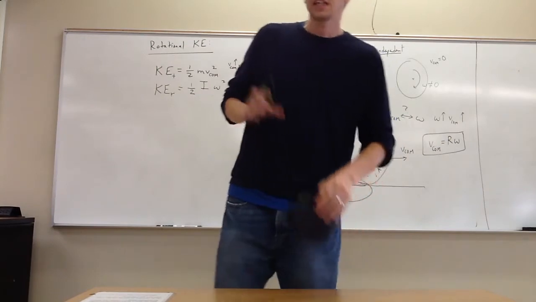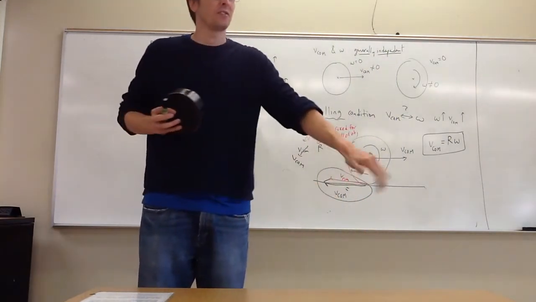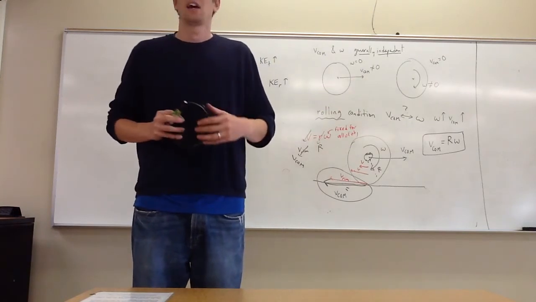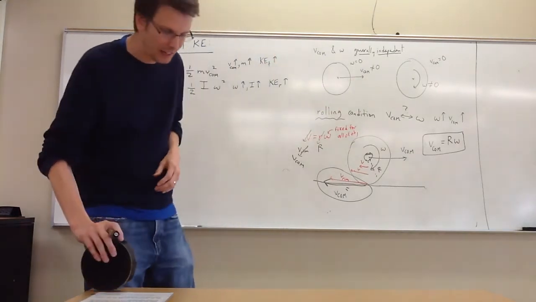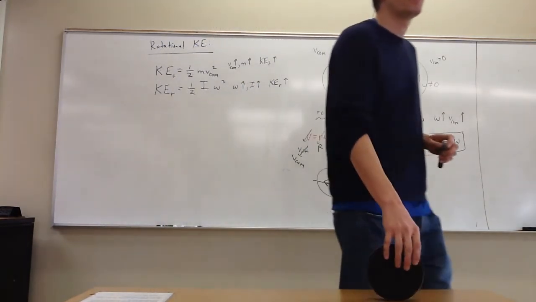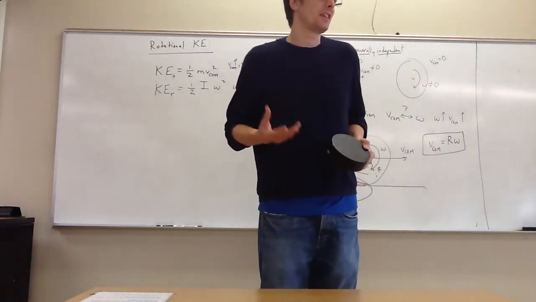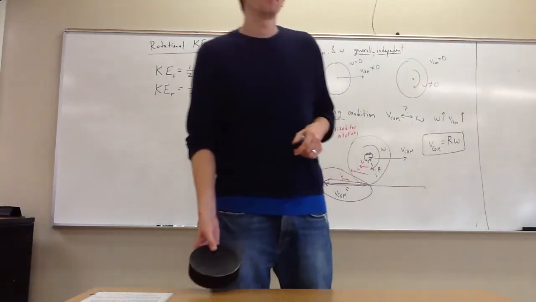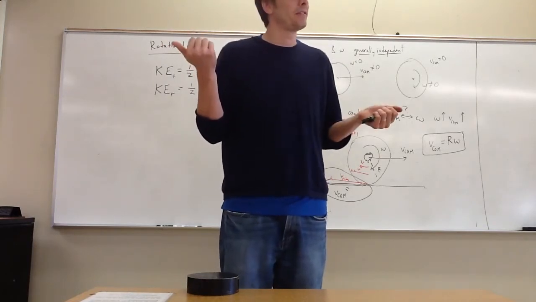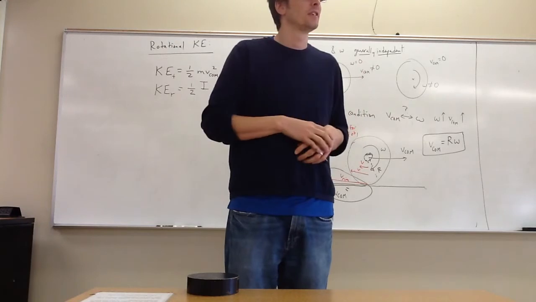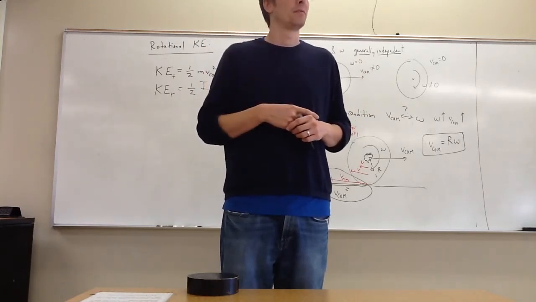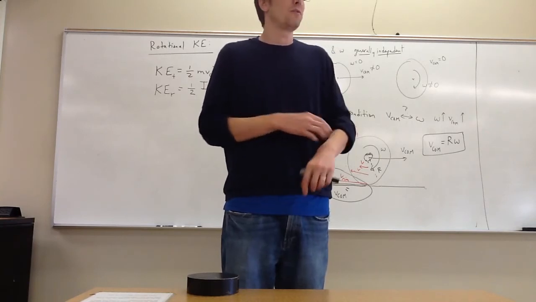So if this was a perfectly flat surface and there were no air resistance and I had a perfectly round wheel and I set it loose, it would go forever. That's pretty amazing. Now obviously that doesn't happen with real wheels. Why not? Well, reason number one, air resistance. Can't do anything about that. You're still going through the air. Number two, it's impossible to make a wheel perfectly round. Any wheel will flatten.